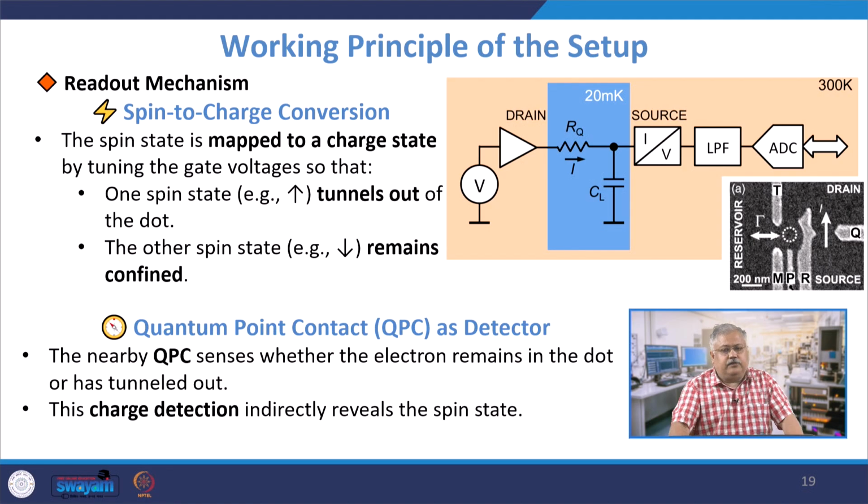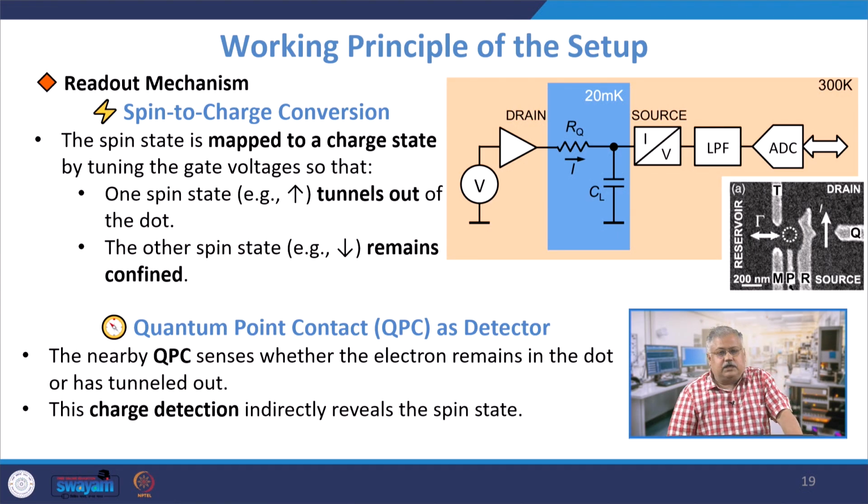So there is a selective filtering which happens here: you filter out all the top spin through the tunneling mechanism, and you keep all the bottom spins confined in the quantum dot. So the probability of finding bottom spin will be much higher inside the quantum dot, and spin up will more probably be found outside the quantum dot.